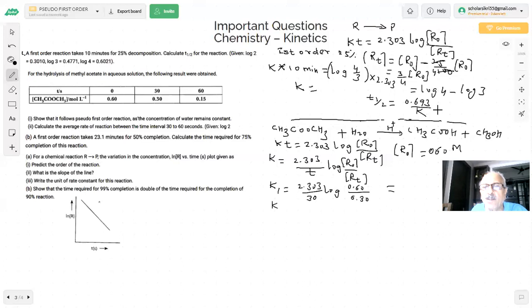Then you can find k2 at 2.303, and now the time is 60 seconds. Such a question will be there in the paper. Very important. Log of what? Original concentration 0.60, final concentration 0.15.